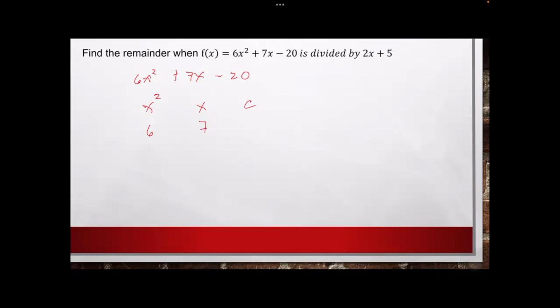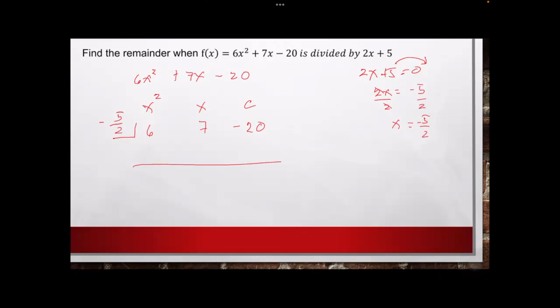Divided by 2x plus 5 is equal to 0. Then, transpose the constant, so magkakaroon tayo ng 2x is equal to negative 5. Divide both sides by 2, x is equal to negative 5 over 2.